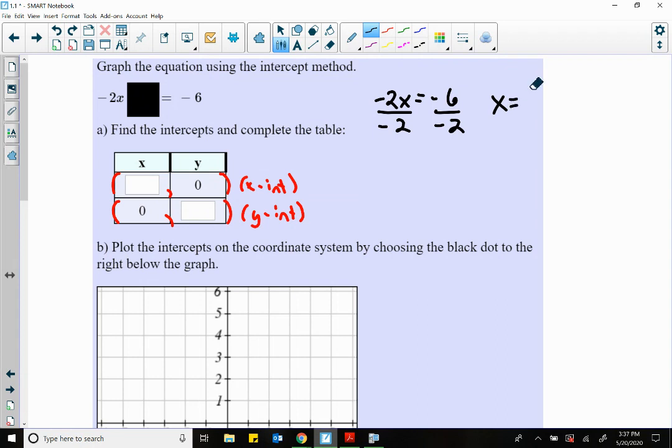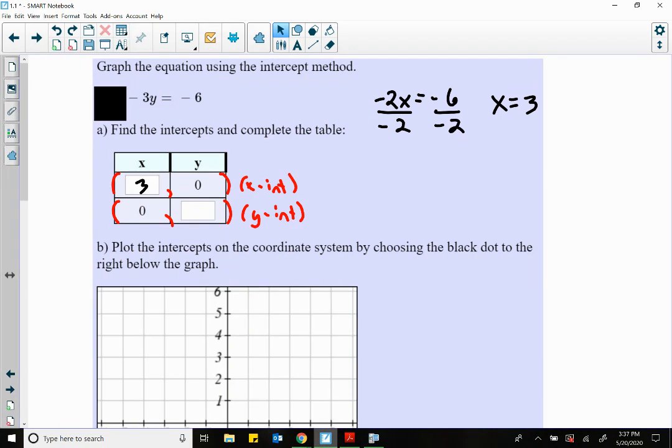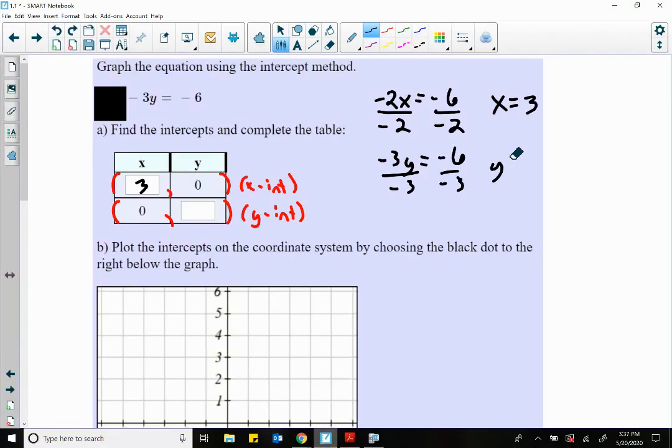X is equal to 3. So they want you to put a 3 in that box. The next one, we cover up the x, that's what we have to solve. Negative 3y equal to negative 6. Divide by negative 3, divide by negative 3. y is equal to a positive 2. All right, so there's the first part.